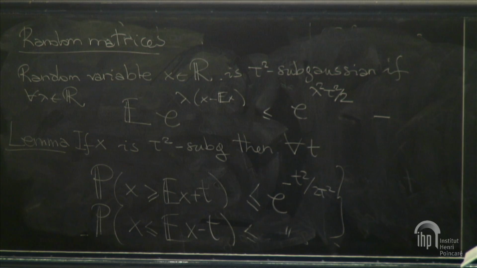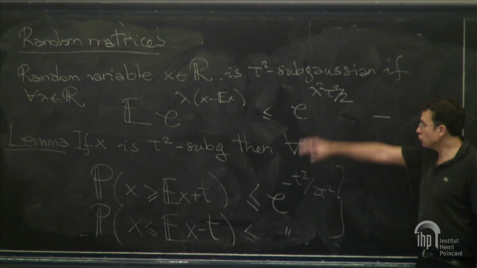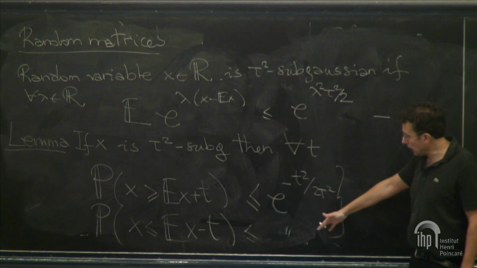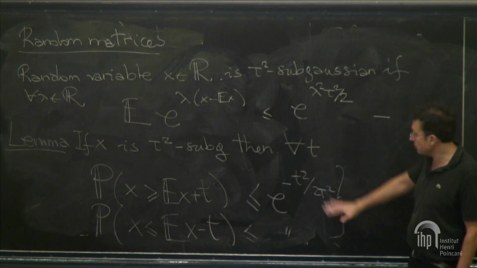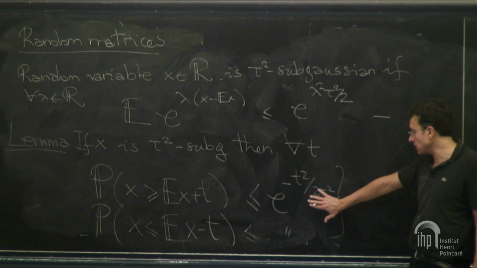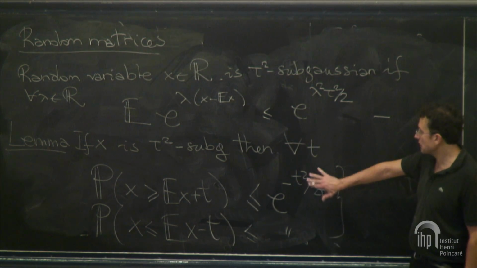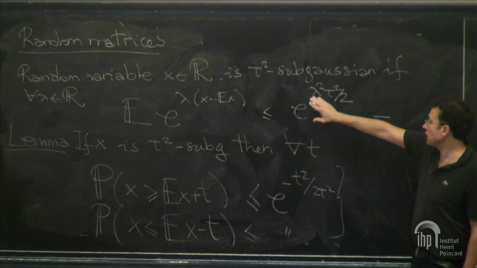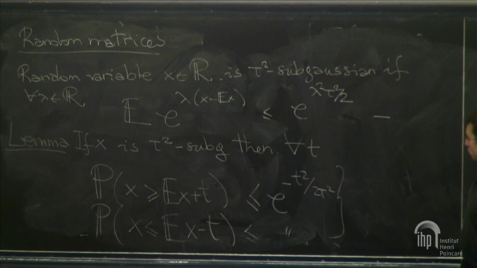And basically, I will not prove this, it's just a little exercise, but these two are equivalent in the sense that if you assume this, and sometimes people give this as the definition of sub-Gaussian, you get this bound of the moment generating function possibly with worse constants.